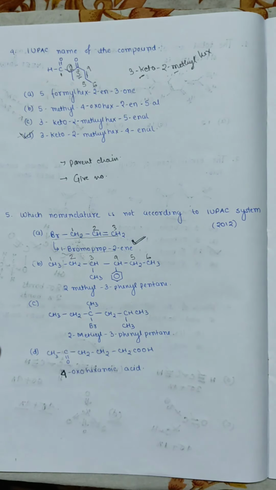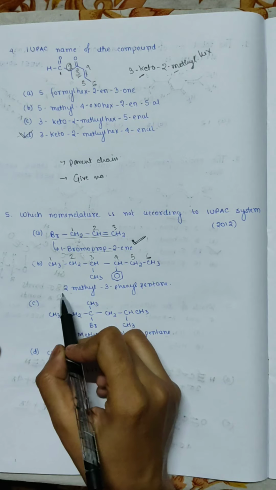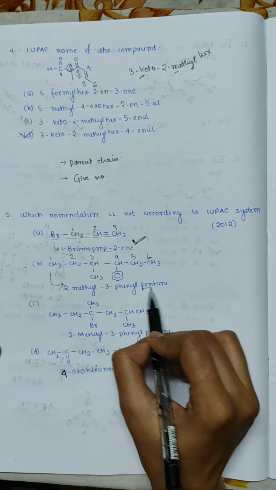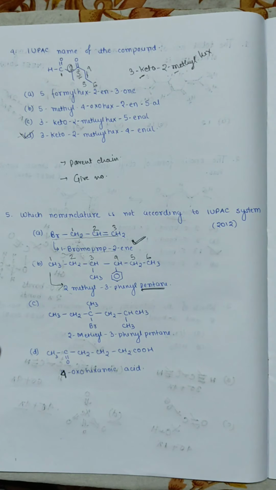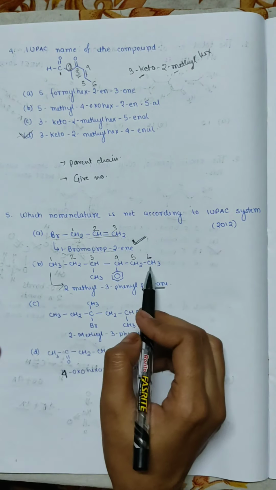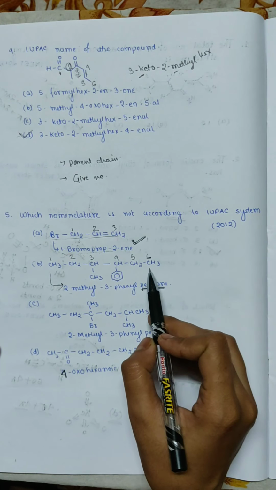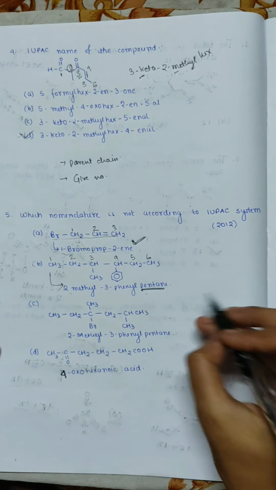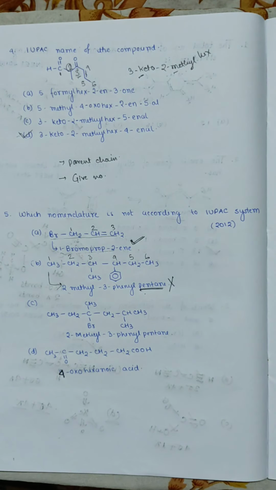A total of 6 carbon atoms are in the parent chain, but in the IUPAC name, this compound has been named pentane. It must not include pentane because the longest chain, that is the parent chain, has 6 carbon atoms, so it must be hexane. From this alone we can cancel out this option.